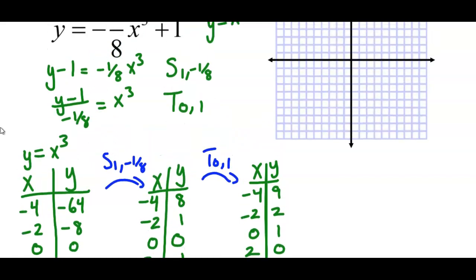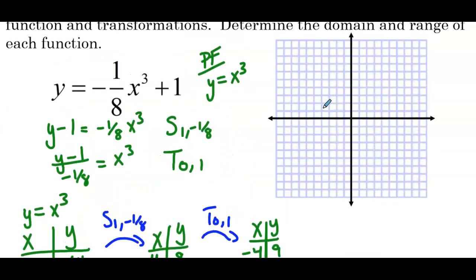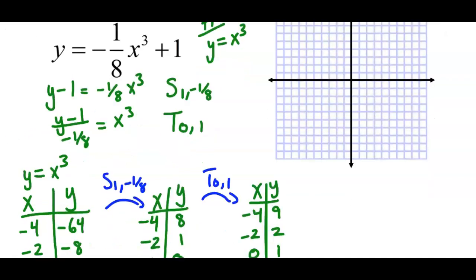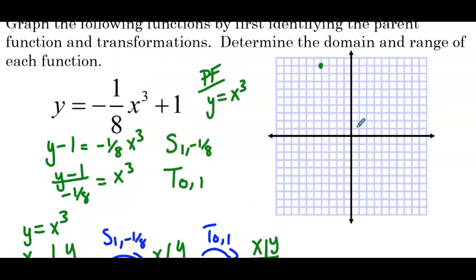Okay, so we can plot each point. So negative 4, 9. Then we have negative 2, 2, 0, 1, 2, 0, and 4, negative 7.